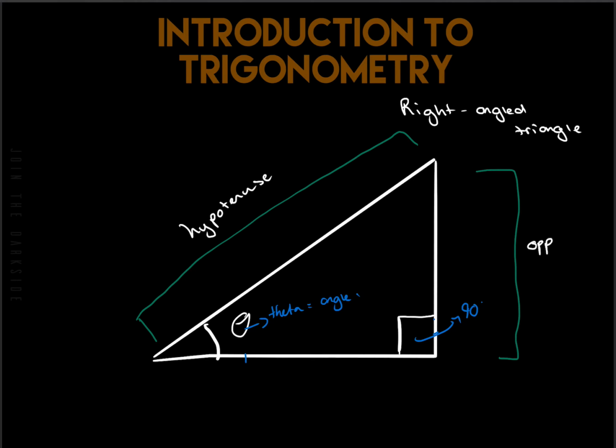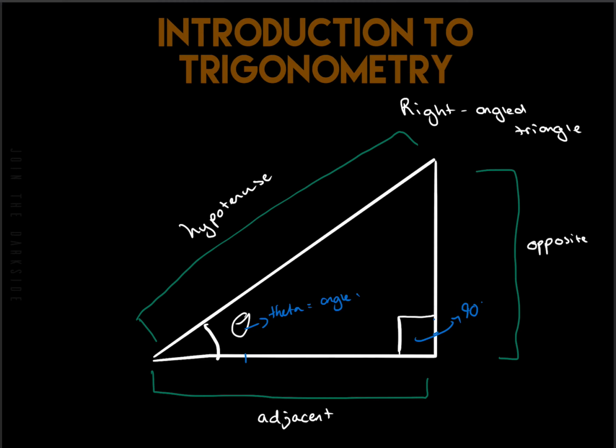The opposite is, as the name says, opposite to the theta. And this is called the adjacent, which is the bottom part of our triangle. So the hypotenuse, the adjacent, and the opposite. We have to know these off by heart.